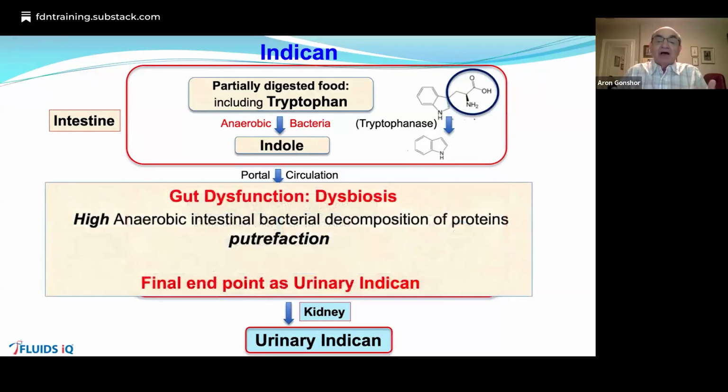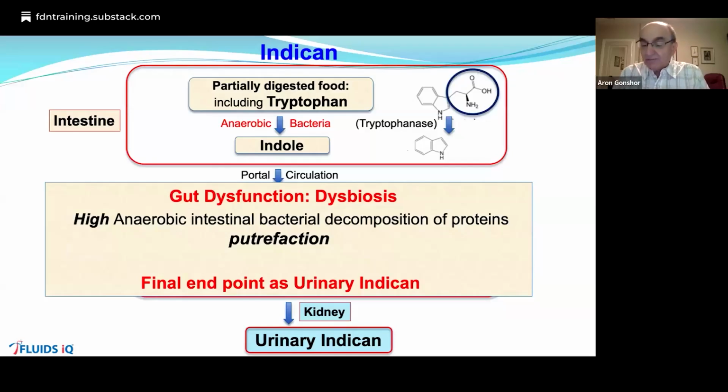So bottom line, what is all of this? Well, what you really want to determine here is gut function, specifically dysfunction, dysbiosis, and if you have high anaerobic intestinal bacterial presence, because that's what breaks down tryptophan to indole, then you will know whether proteins are being sufficiently broken down.